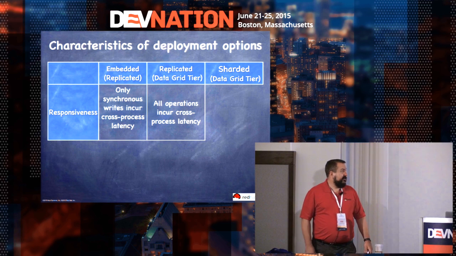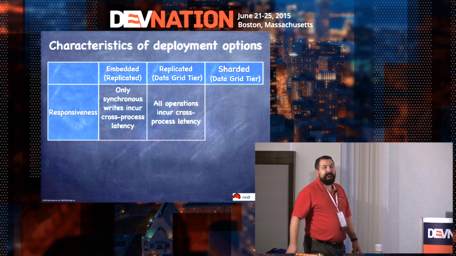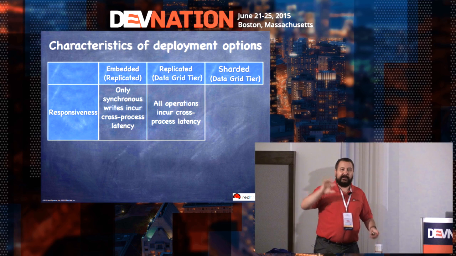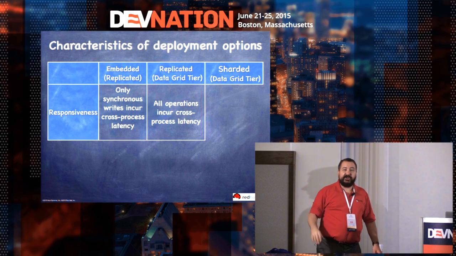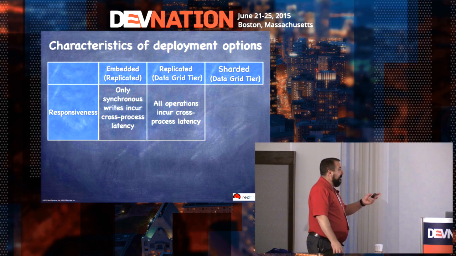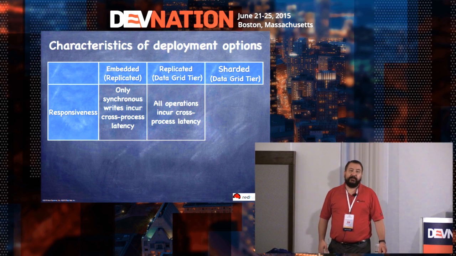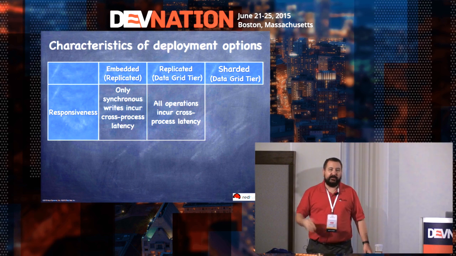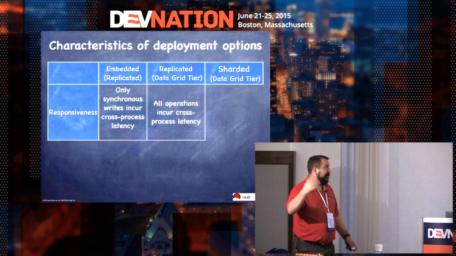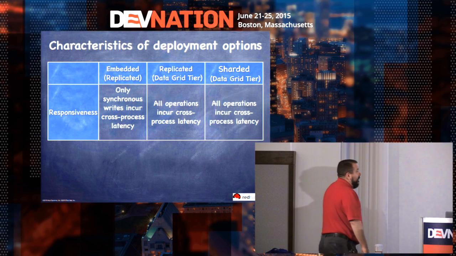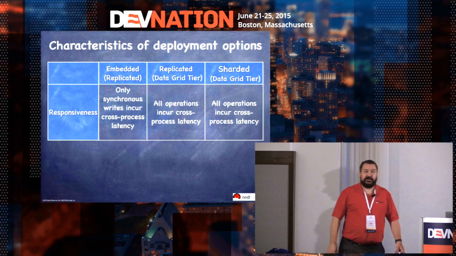Now, if I start looking at a replicated model, right? This starts to imply that it's off machine somewhere else. That's where I start seeing that all operations incur some type of penalty, right? Because now everything is more or less off board, off machine. And same thing too with the sharded model, right?